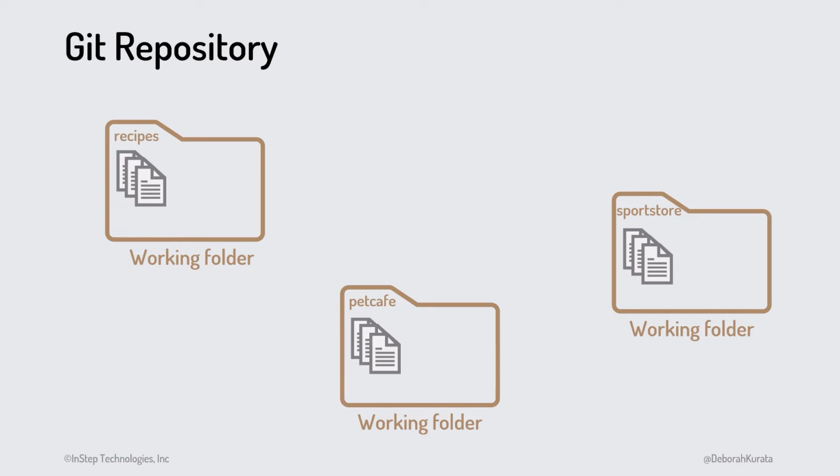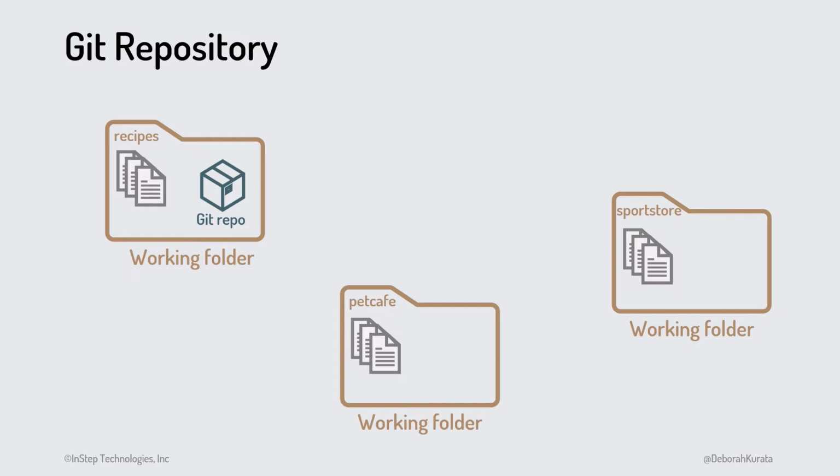We want to back up the code and track our changes for each of these projects. That way, if we start to make changes, mess up, and want to go back to a prior version, we can. We use Git to initialize, or create, a repository. You can think of this repository as a storage box that stores the versions of our project files.